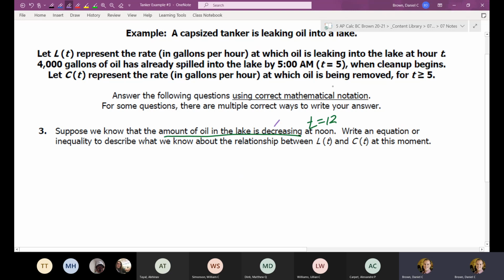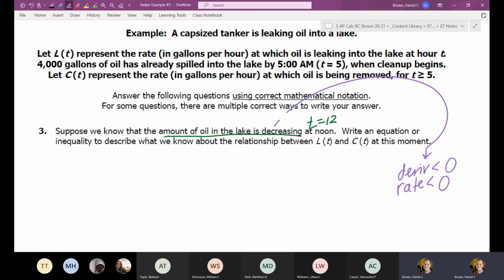So the calculus idea is that if the amount is decreasing, we would know that its derivative would have to be less than 0. In the context of these problems, we're going to think of the derivative as basically a rate, which must be less than 0. Well, what is the rate of change of the amount?